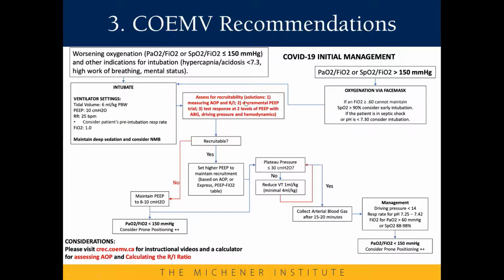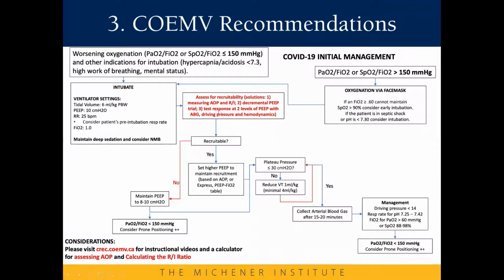So they would like you to first assess for airway opening pressure, which we're going to talk about. But if that's not possible, you can look at your RI ratio, your recruitment to inflation ratio, and still get a value for that without using airway opening pressure. So again, here you can try decremental PEEP studies.